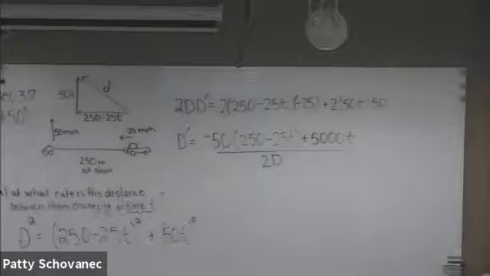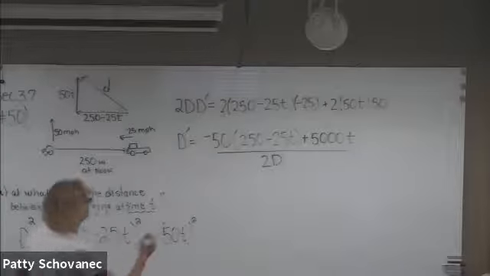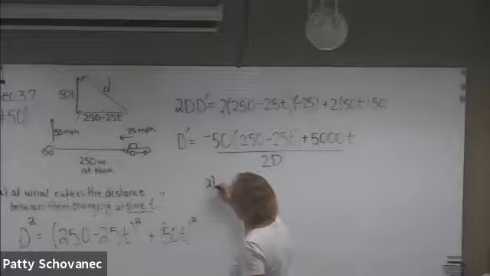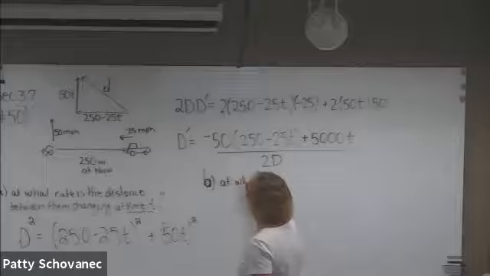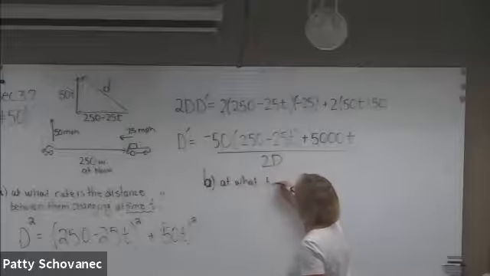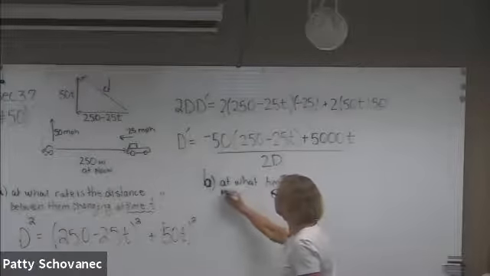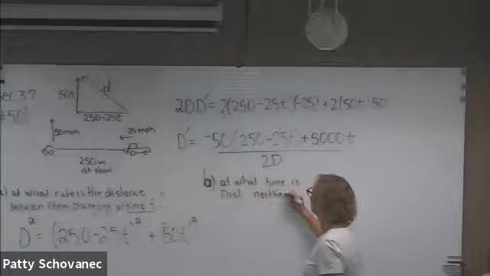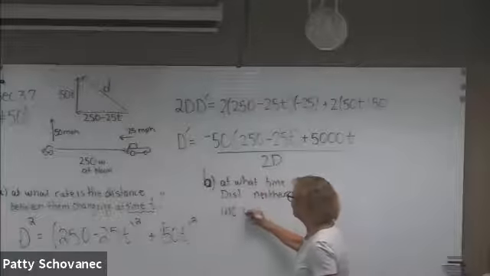Okay, at what time is the distance between the car and the truck neither increasing nor decreasing? What does that mean? The rate is 0. That change is 0. Part B: at what time is the distance neither increasing nor decreasing?